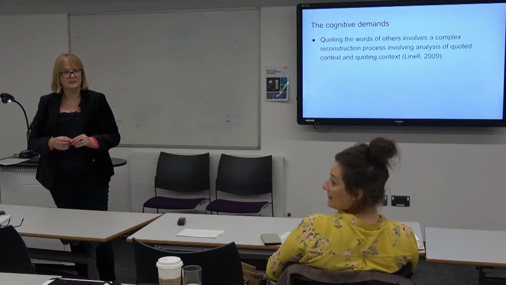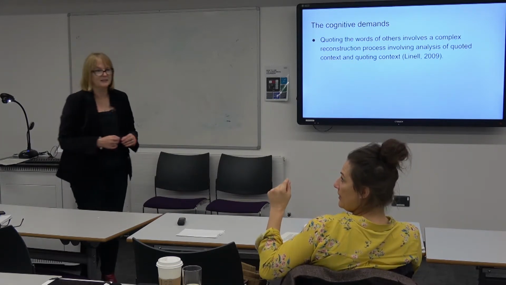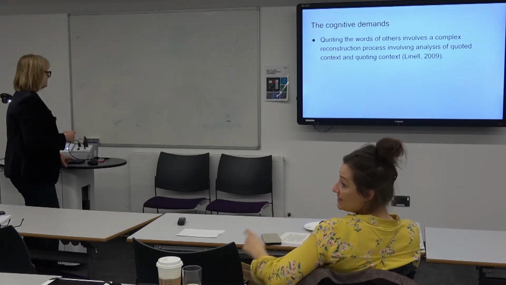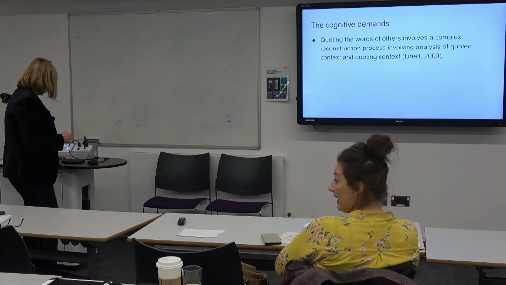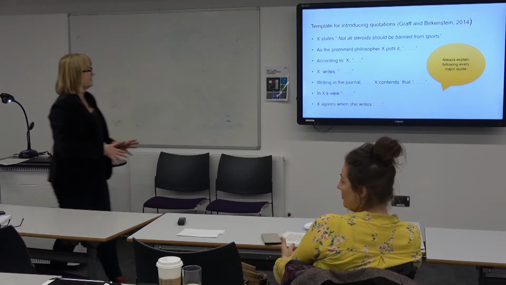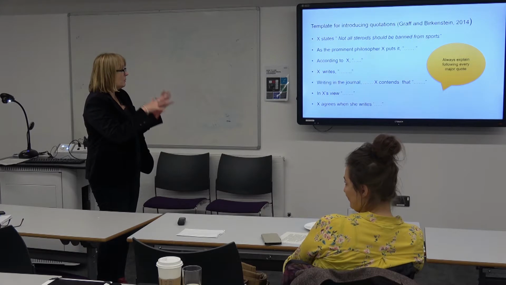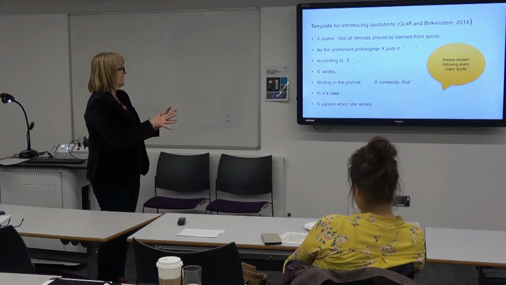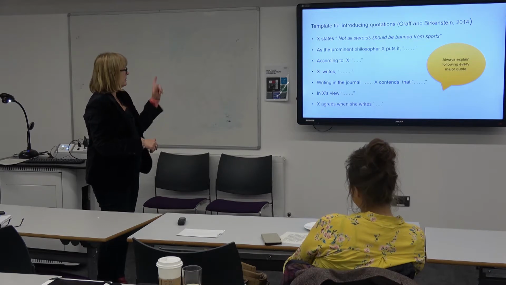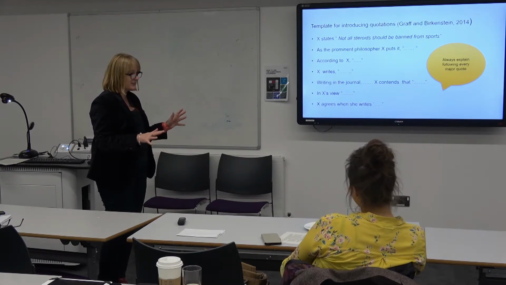But did you explain it? Did you therefore show the reader that you understood what that meant? Because that's the problem we have when marking: if there's just a quote, then there's no demonstration of understanding of what it meant. You should always explain following every major quote. So this is a wonderful book by Graff and Birkenstein, and I think it's in its 6th or 7th edition.